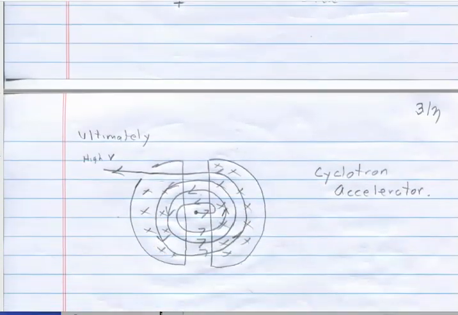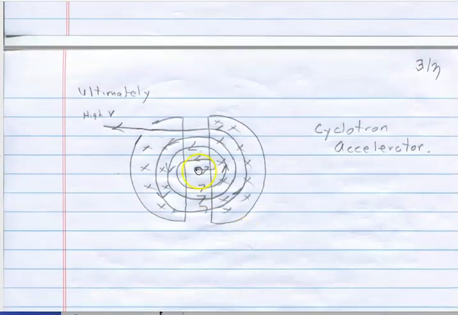So ultimately, what you have is this. You have this particle comes in, accelerates across the gap, accelerates, accelerates, it spirals out, accelerates, accelerates, and finally gets up here in this region, and I turn off the magnetic field in this portion up here.